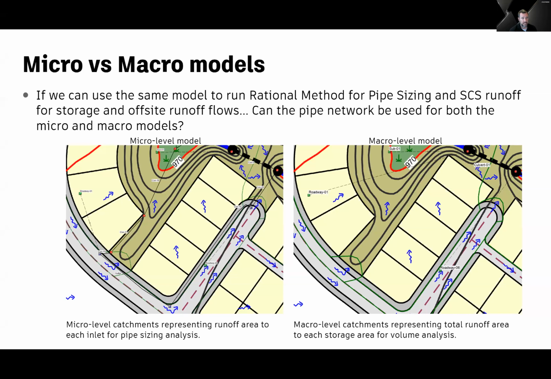So people today are probably using two different tools. I know some people are maybe using SSA or hydrographs for what we're calling the macro level on a pre versus post analysis, where at the macro level you're looking at everything that's flowing to those elements, not each individual inlet that you do at the micro level for your pipe design.